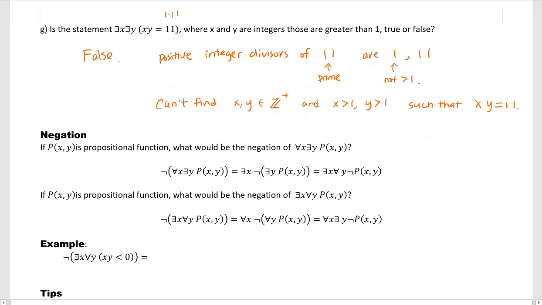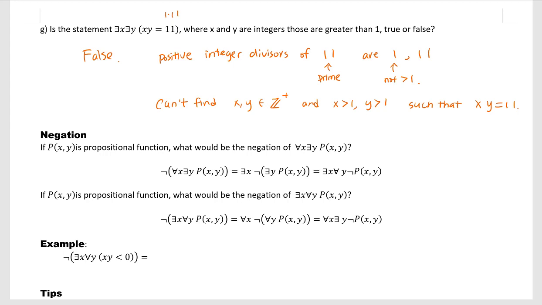Negation. If P is a propositional function, what will be the negation of for all, there exists? Remember, the not is really like the negative. It flips things.